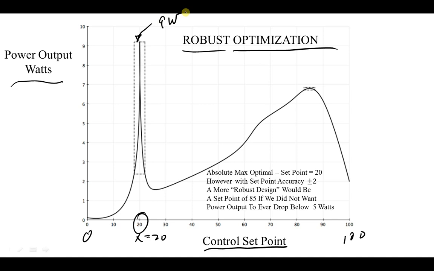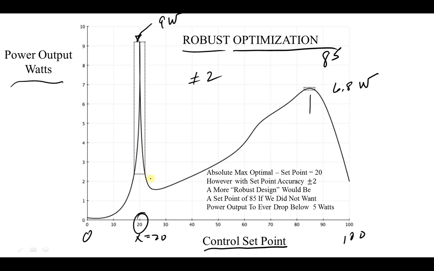Notice that there is another local maximum that if you set the point at 85, you would get about 6.8 watts out, not as much as the 9 watts. But suppose you could not always set your set point exactly at the prescribed value. In other words, it could only be, say, plus or minus 2 set points away from the optimal setting.